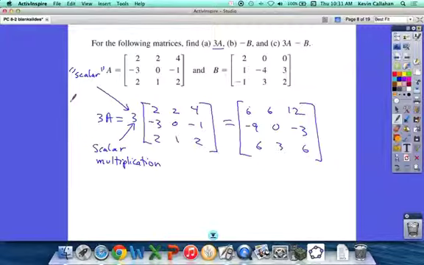A scalar means just a number. It's like a 1-by-1 matrix. It's just one number. When you've got more than one row or column, that's a matrix. So you have scalars, you have matrices. That is a common word in math. You're supposed to know what a scalar is. A scalar is just one number, a constant.